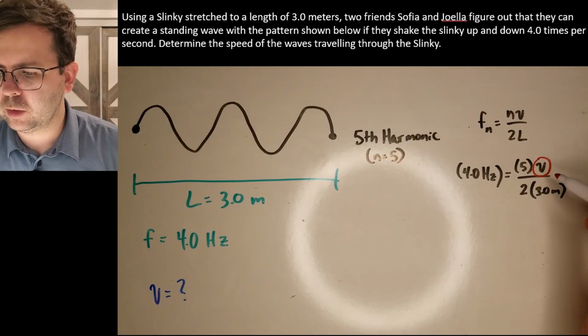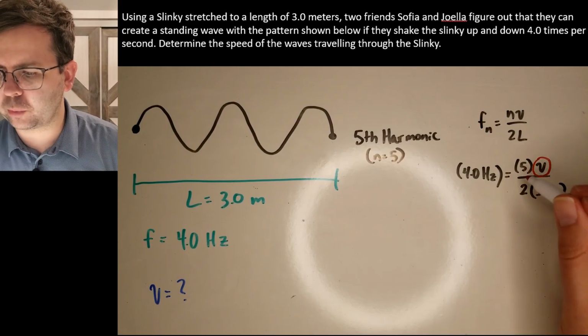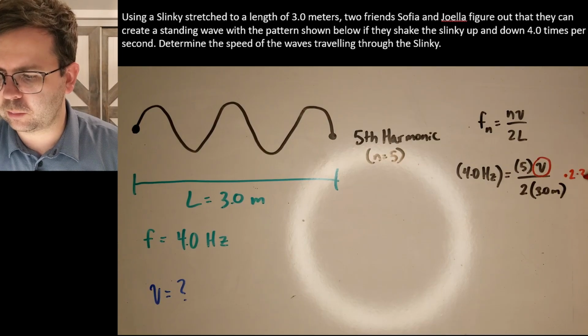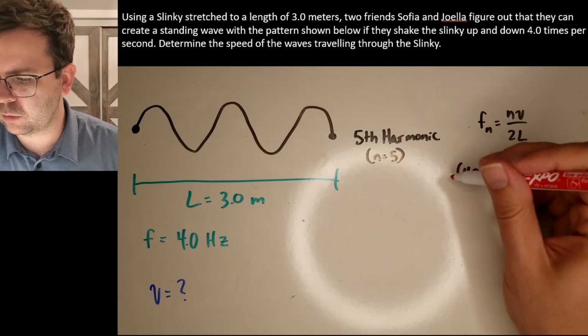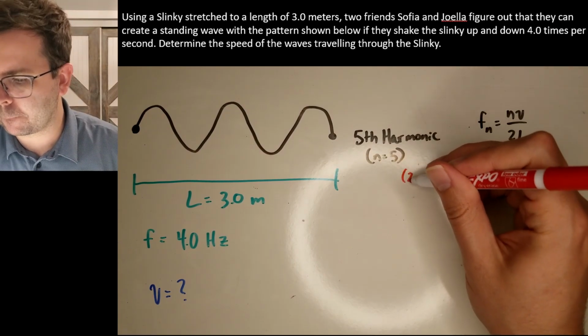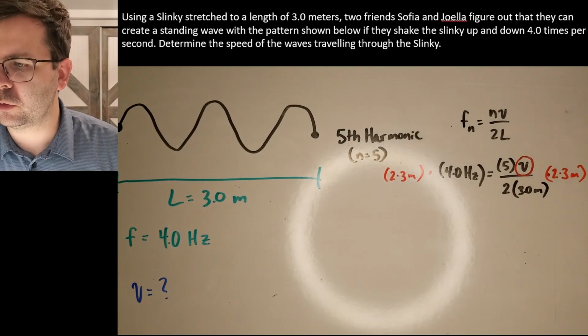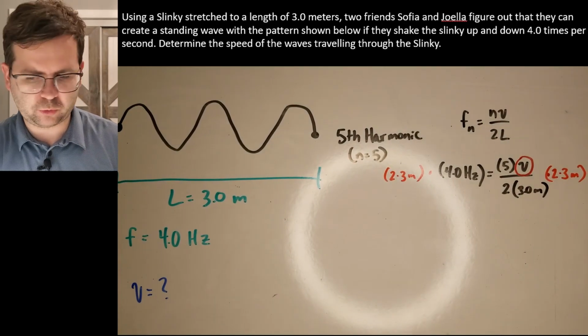So I need to basically undo all the other multiplication and division that's happening to it. I'm going to start by undoing this denominator. I'm going to multiply both sides by 2 times 3 meters, and I'm going to do that to both sides. 2 times 3 meters is 6 meters on both sides.